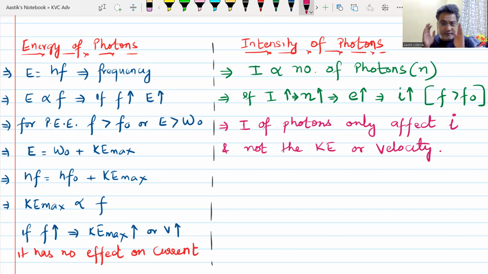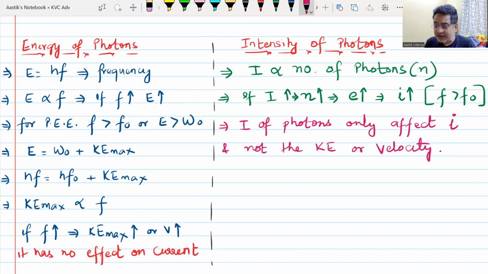Is everyone clear on the difference between intensity of photons and the energy of photons? The energy of the photons, I repeat, depends on the frequency of the photons, which in fact is going to control the maximum kinetic energy or the velocity of the electrons which are emitted. On the other hand, when we talk about the intensity of photons, we are talking about the number of photons which are falling. If more photons are falling, they will collide.